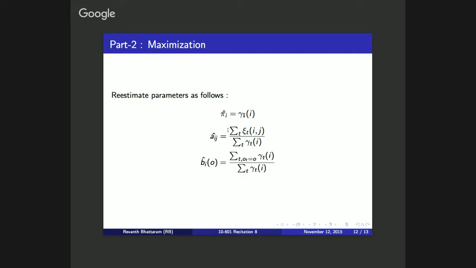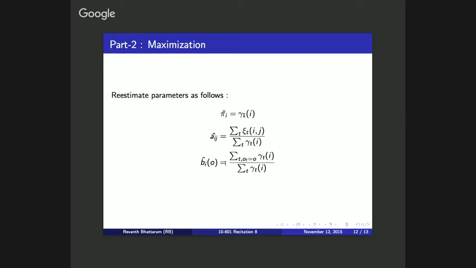We sum up over all those, and then we divide by the number of times that we were actually in state I for all time periods. So over here, we're getting rid of the dependence on time when we recalculate our transition probabilities. That's how we define our transition probabilities, and then our observation probabilities.